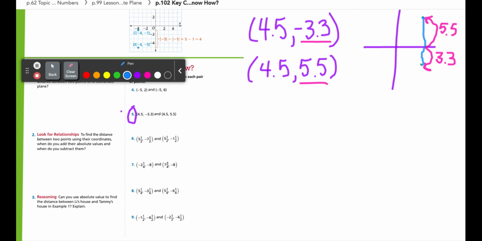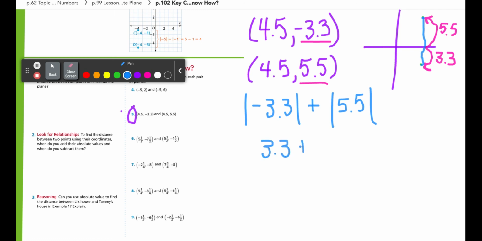So let's find the absolute value of negative 3.3, and we will be adding it to the absolute value of 5.5. You should be writing this in your notebook. So the absolute value of negative 3.3, absolute value is always positive, 3.3, plus the absolute value of 5.5, 5.5.